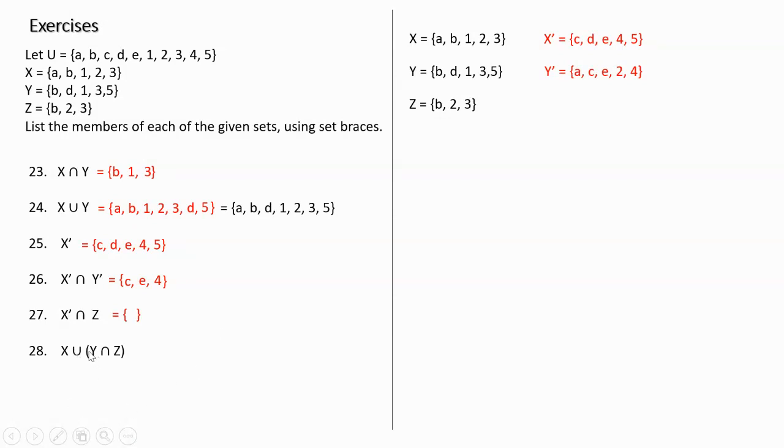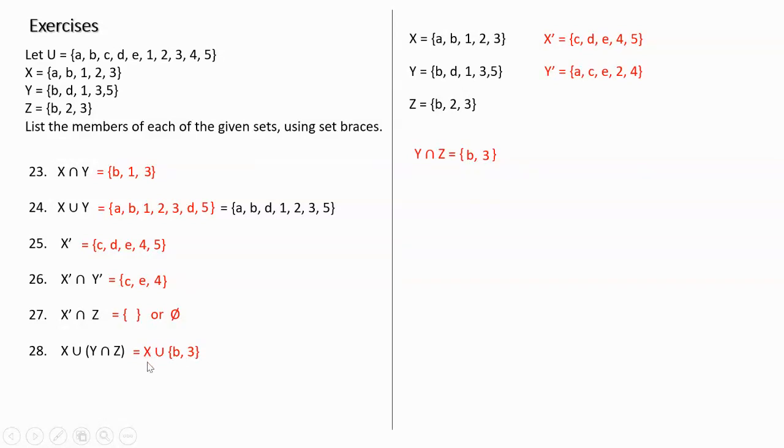Okay, now number 28. Here we have to follow PEMDAS, right? So first we have to do Y intersects Z, the set Y intersects Z. So what does Y and Z have in common? The sets have in common a B and 3. So then now X union the set containing the elements B and 3.